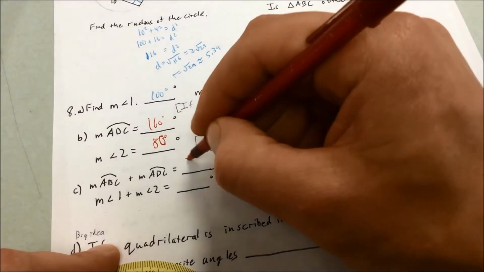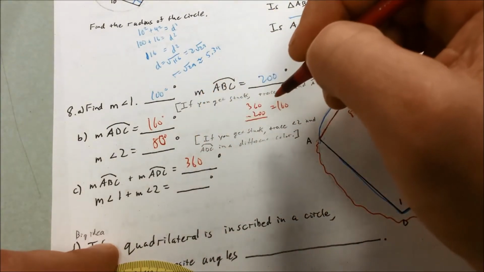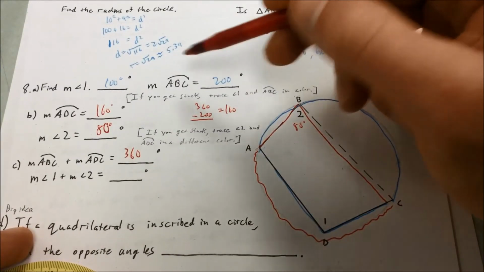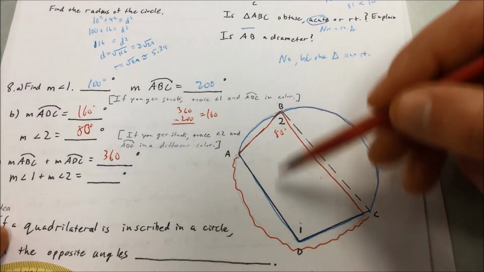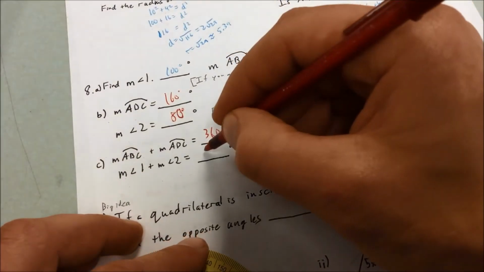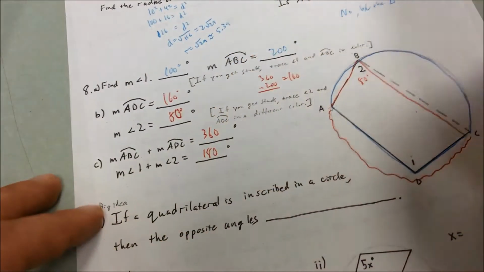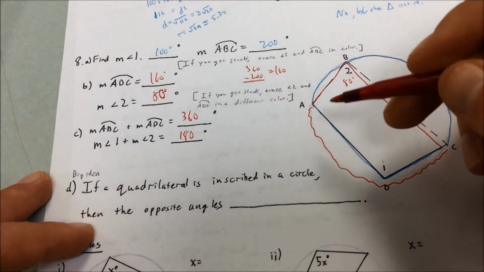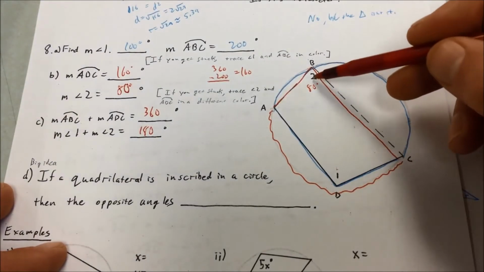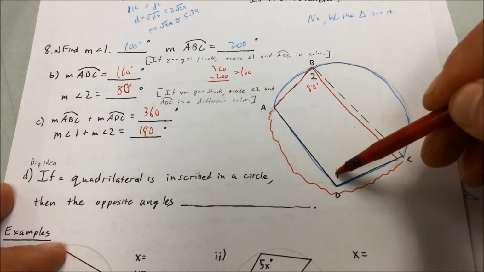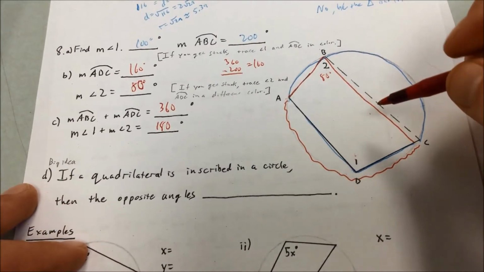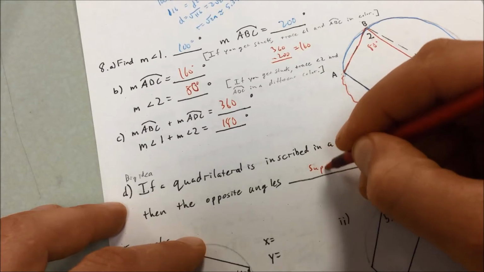So that should be 360 degrees when they add up. If we look at angle 1 and angle 2, well, it's going to be half as much because they're inscribed, so that should be 180 degrees. So what do we notice about the opposite angles here? Angle 1 and angle 2, we notice that they add up to 180, or they are supplementary.